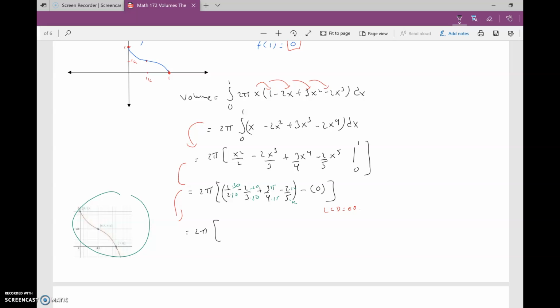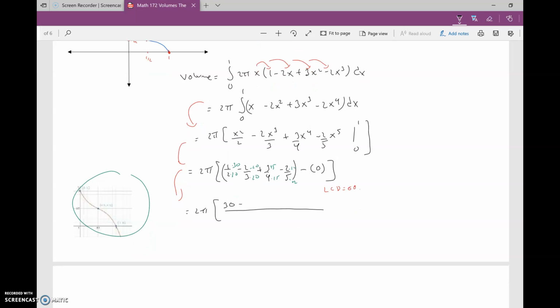And we're looking at, well, let me just put everything under 60. It'll make it easier. So that would be 30 minus technically 40 plus 3 times 15. That's going to give us 45. And minus 24 over 60.